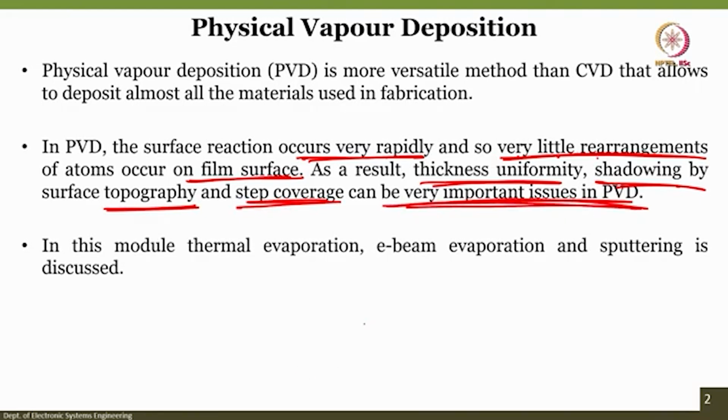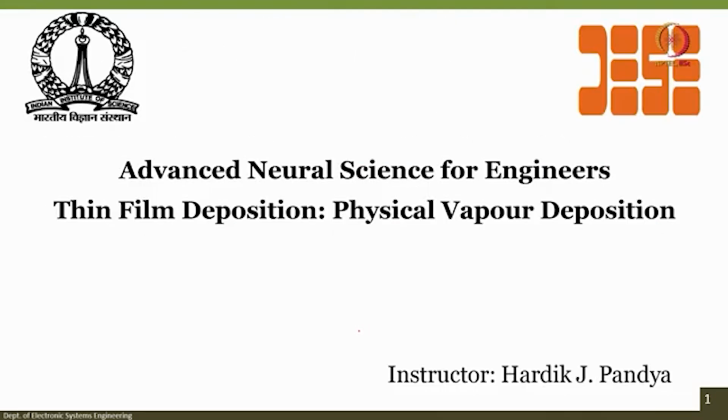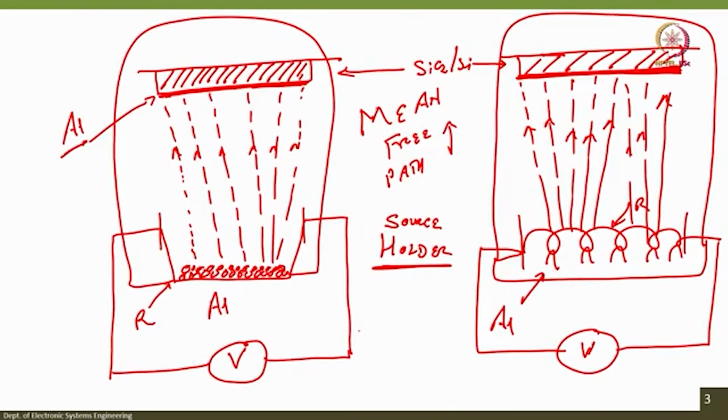What is step coverage? We will see. So, now if you see that you have a material, this is your silicon and then this is silicon dioxide in this pattern. Okay. Now, if you deposit the material, the material will get deposited here uniformly, aluminum will get deposited here also uniformly. Okay.